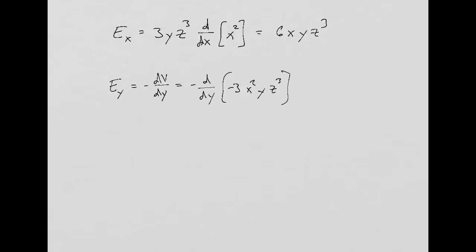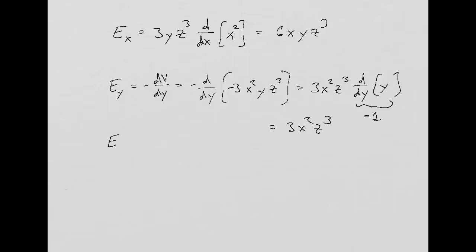Take out everything that is a constant relative to y, which means we're going to take out that minus 3, make it cancel the minus signs, take out the x squared, and take out the z cubed. And then you're just taking the derivative of y with respect to y, which is just 1. So Ey is going to just be 3x squared z cubed.